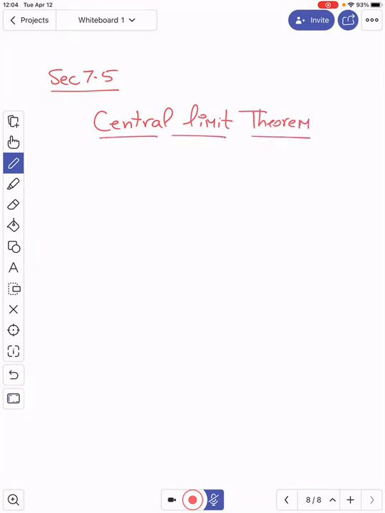The first version is for a normal distribution. I'm going to remind you very quickly of the two versions. So version 1 is for a normal distribution.